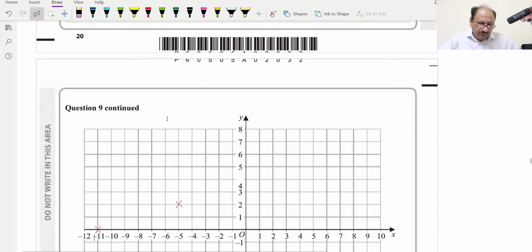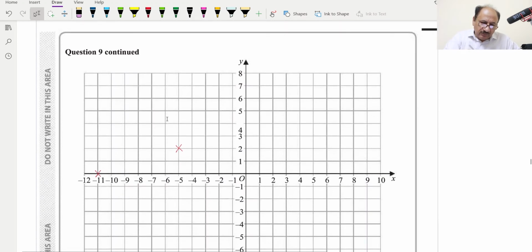So -7 and 6 will be this mark, and now we have to join these points, and this will be the required triangle which we can draw. This is the triangle which we have drawn, and the coordinates also we can mention: -11 and 0, then -5 and 2, and this will be -7 and 6.